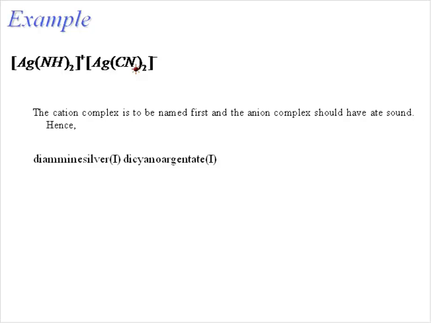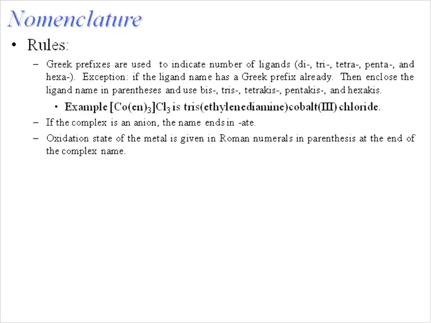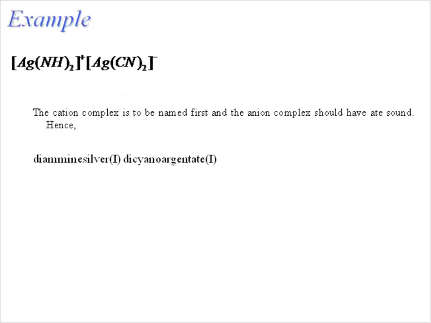Cyano, minus charge, so O sound, dicyano, silver. Now you could have called silver had it been cation, but now you will have to use ate sound, argentate, then 1.